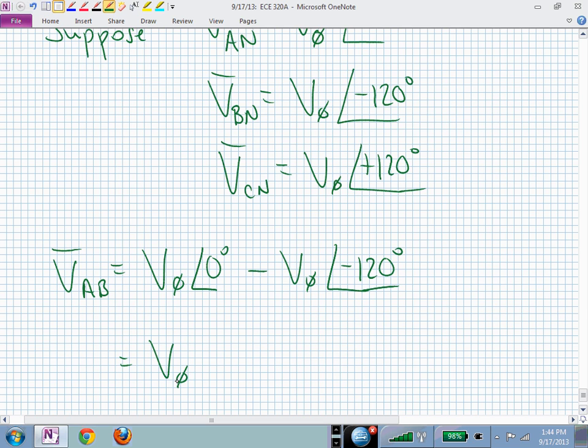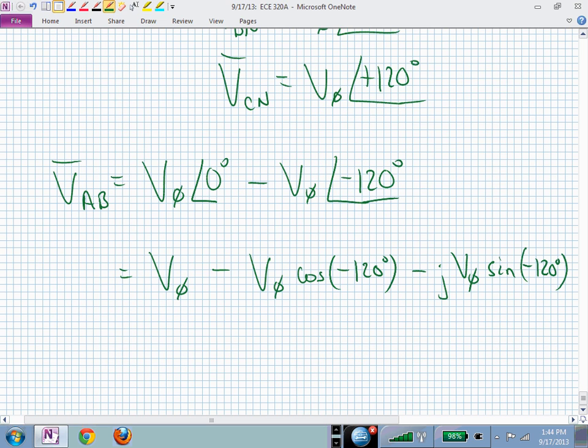We now have V sub phi. That's at 0, so that's just a real number, V sub phi. And now we subtract V sub phi times the cosine of minus 120 degrees. And we also subtract j V sub phi sine of minus 120 degrees.